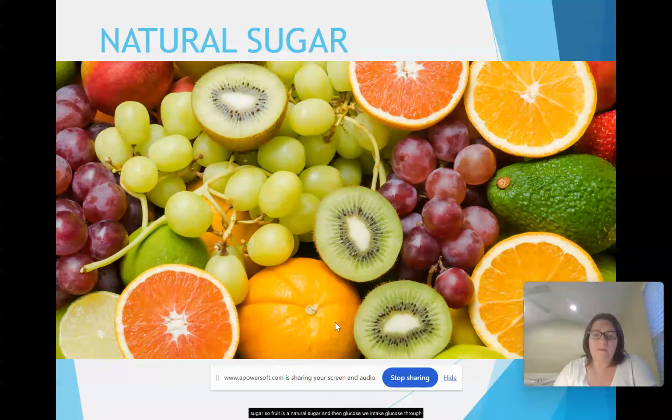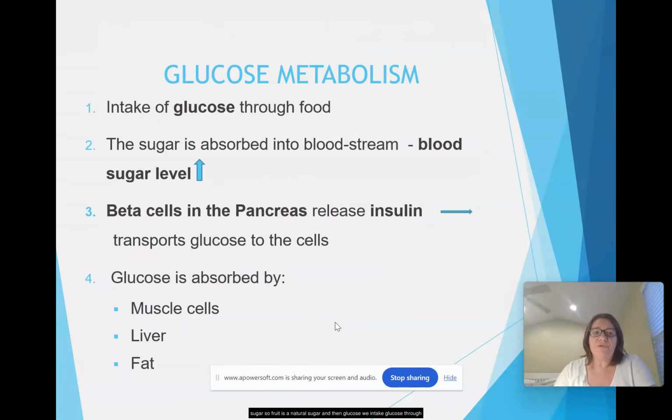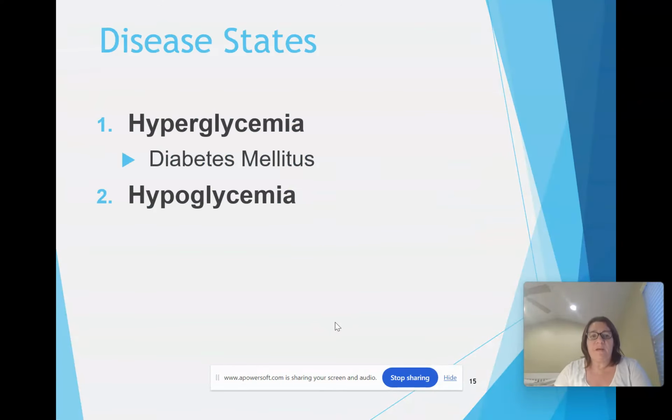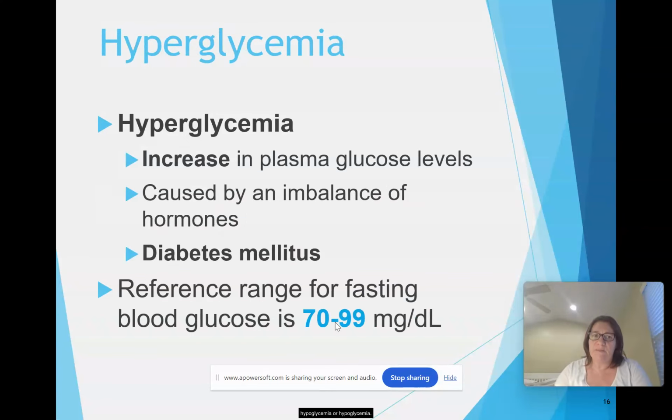So those are a couple of pictures of where we can get sugar. Fruit is a natural sugar, and then the glucose. We intake glucose through the food. Then the sugar is absorbed in the bloodstream, so it goes up. The beta cells in the pancreas release insulin and then transport glucose to the cell. What are the diseases associated? We have hyperglycemia or hypoglycemia.